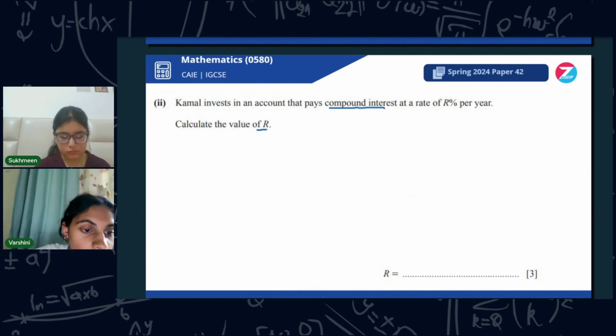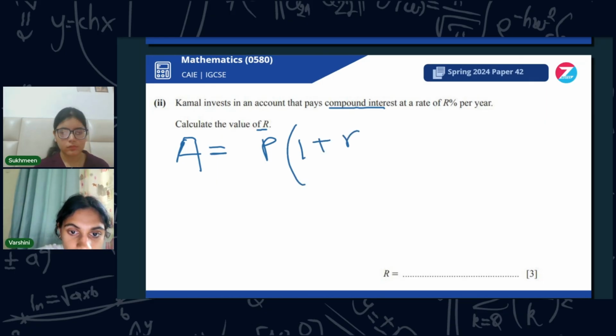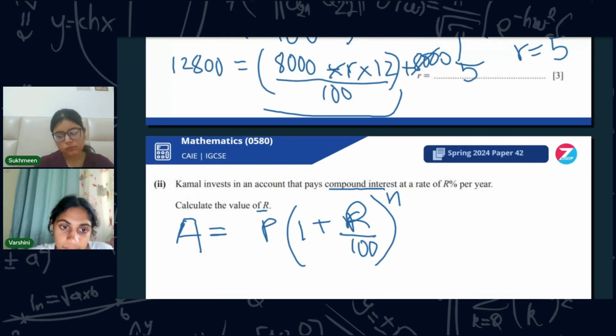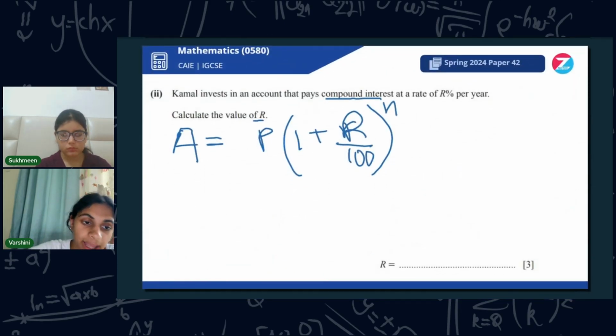For compound interest, A equals P into 1 plus R by 100 to the power n, where n is the number of years she invested it for. So let's go back up and look at the information. The principal is 8,000, her total amount is 12,800, and the number of years is 12.